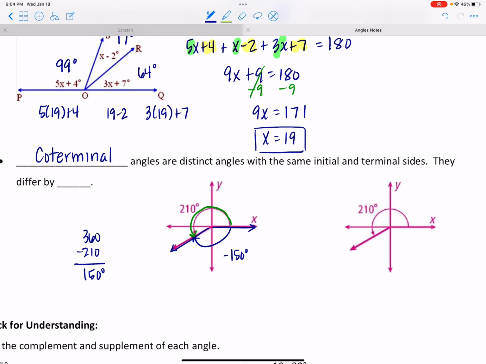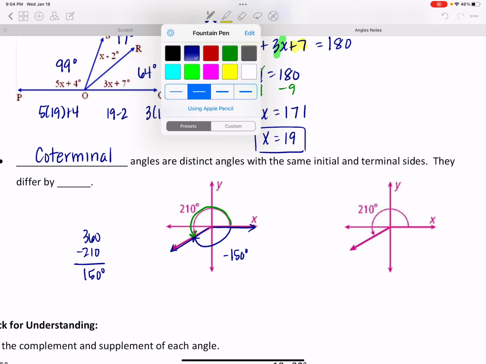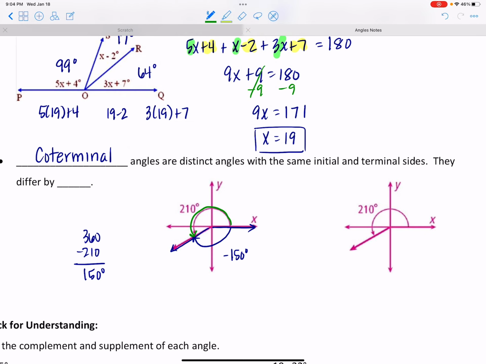Okay, so one way is just to go the opposite direction to find a coterminal angle, or we can do this. In the same angle, instead of rotating up this 210 degrees and just stopping there, if I just kept rotating a complete circle and then stopped here again, right?